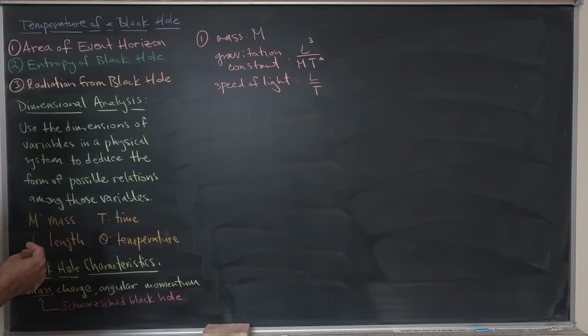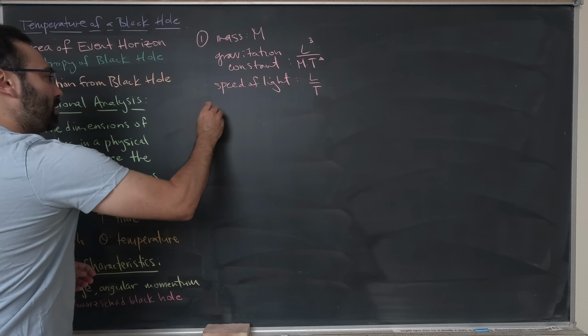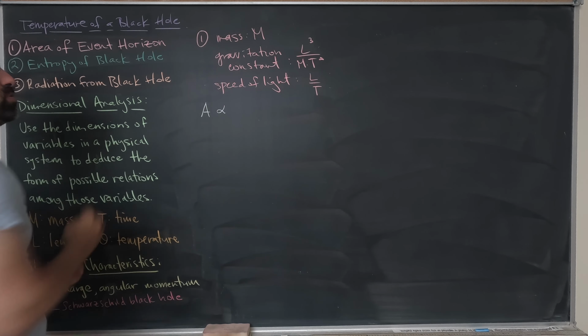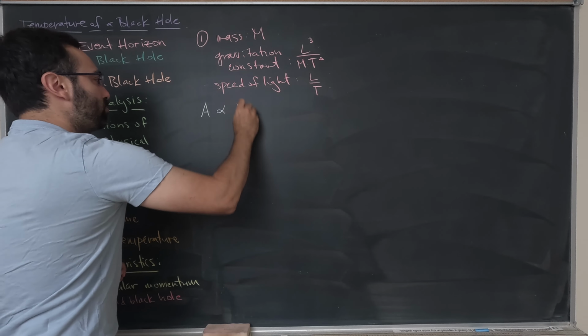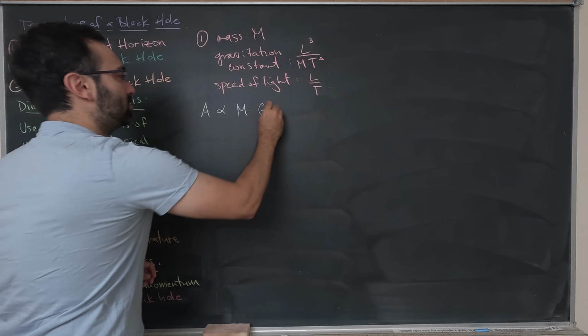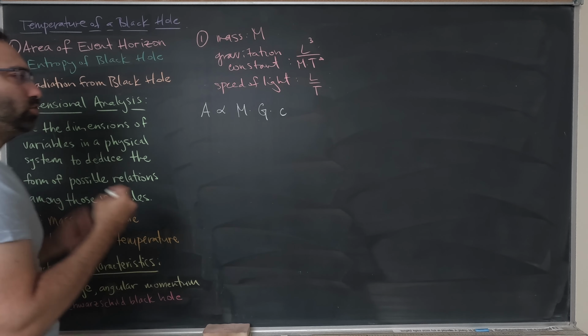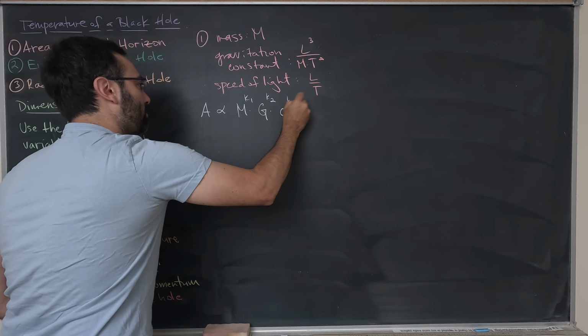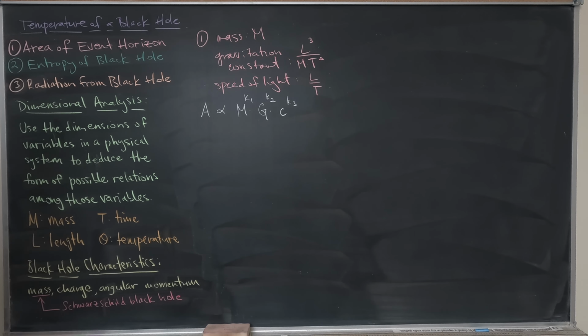So if we assume that the area of a black hole or its event horizon is proportional to these three quantities, we have the product of the mass times the gravitation constant times the speed of light. And each one of these is raised to a particular power. Our job is to find those powers.